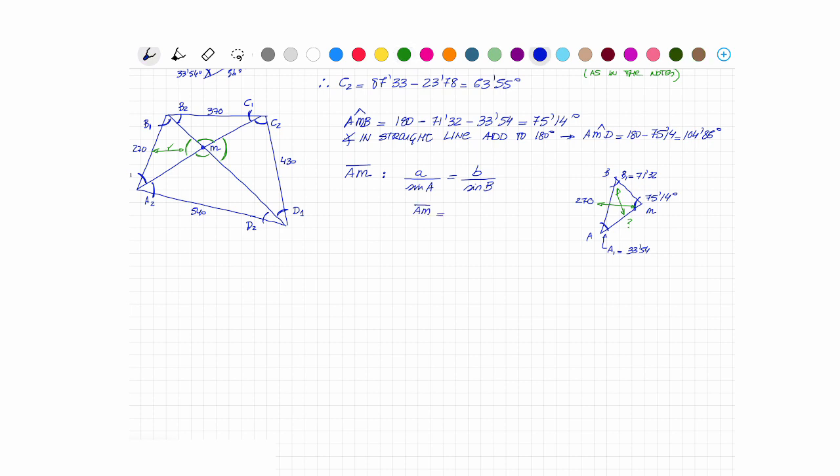So the length AM over sine of 71.32 equals 270 over sine of 75.14. I rearrange, the sine passes multiplying, AM equals 264.63 meters.